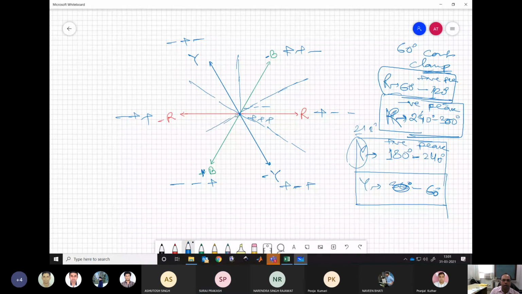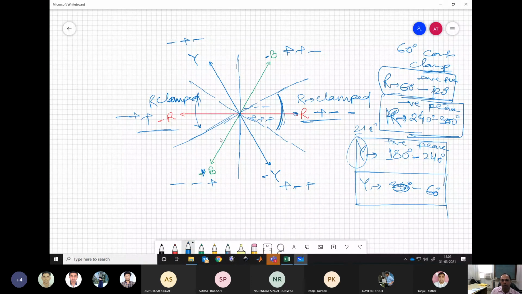Now, the same thing we can see from the space vector plane also. The R peak is occurring here, or it is occurring here. These two. Now 30 degree around that, or 60 degree in total around that. So this is the zone where our R should be clamped, and this is where our R should be clamped.